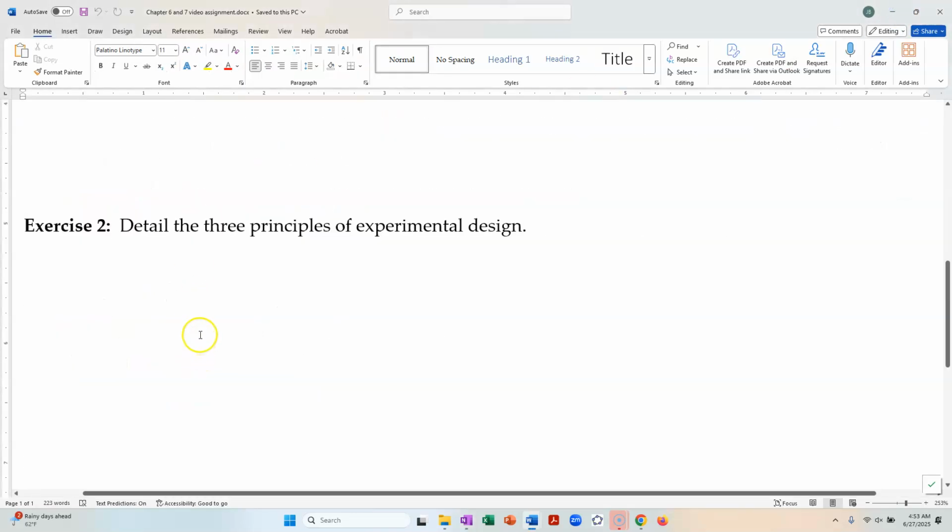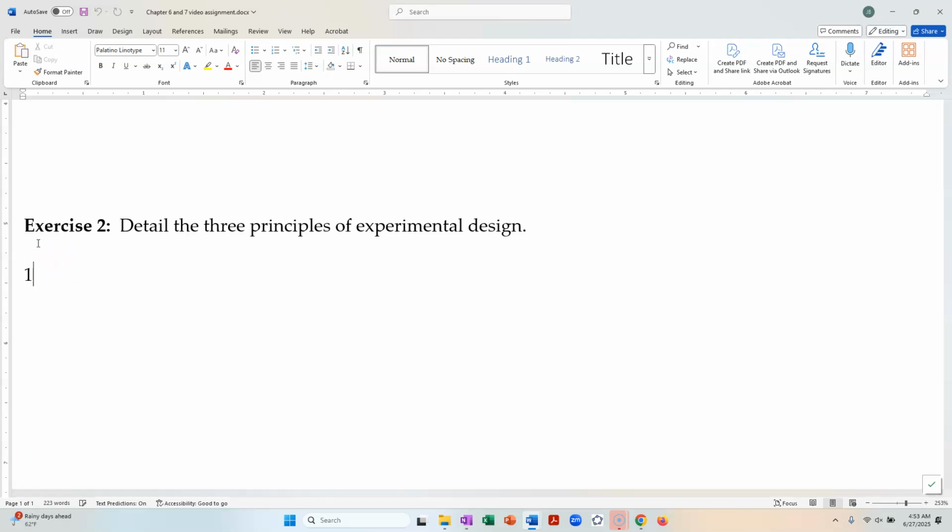Number 2, 3 principles of experimental design. Well, first is randomize, right? You want to make sure to randomize everything as much as possible just to make sure that you're involving different elements and eliminating bias, right? Next thing is you want to control your lurking variable.